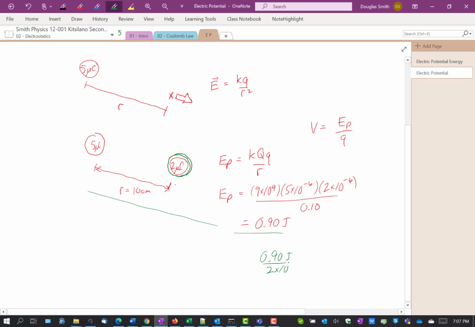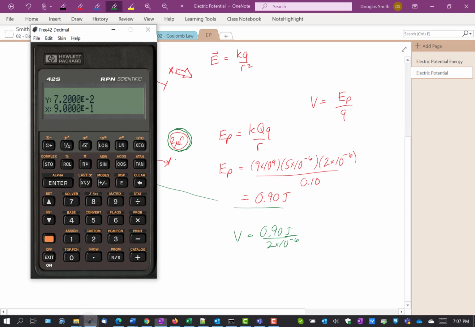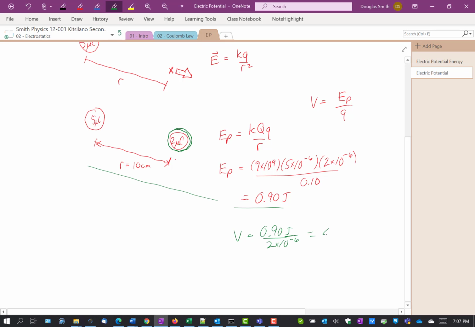And then we get a unit quantity, and that is what we call voltage. It's a big number: 10 to the 5 volts.